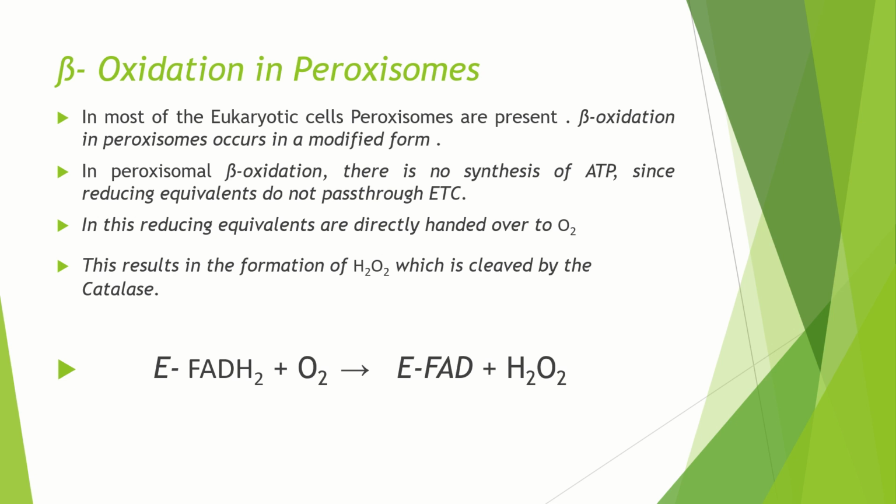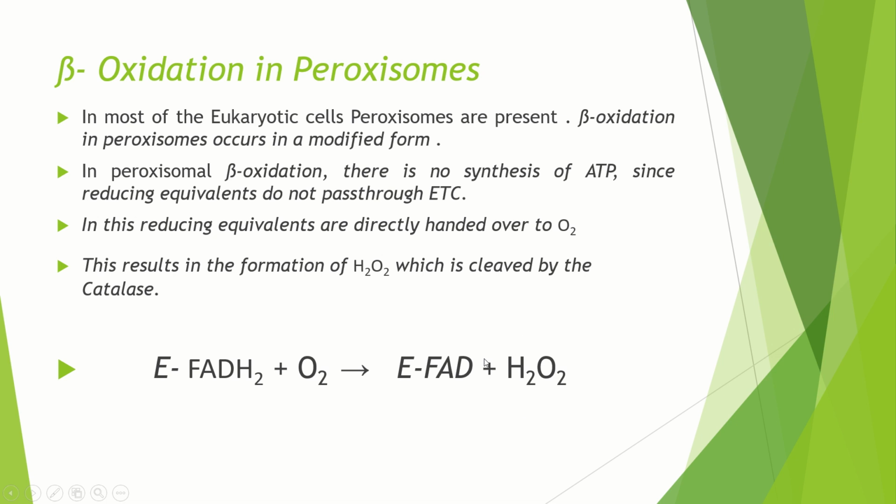And what is going to happen instead of entering the electron transport chain? These reducing equivalents are directly handed over to the oxygen. That results in the formation of hydrogen peroxide. And this hydrogen peroxide is toxic to the cells.